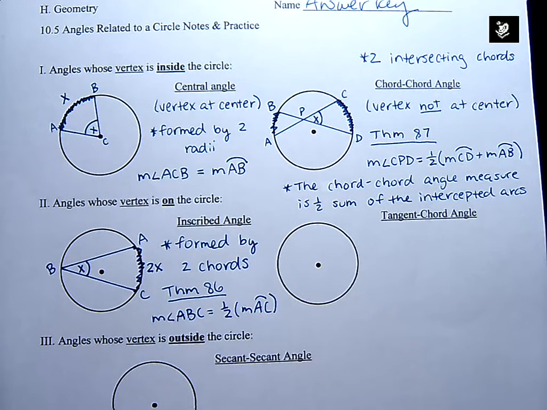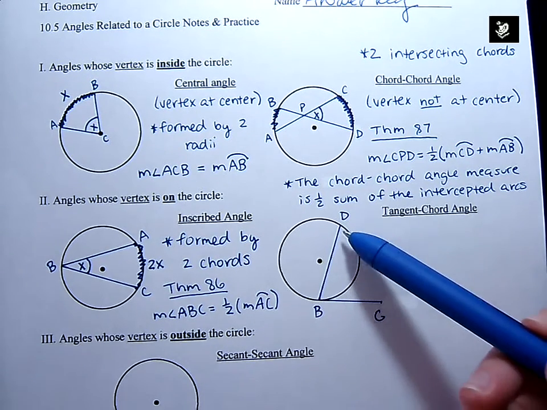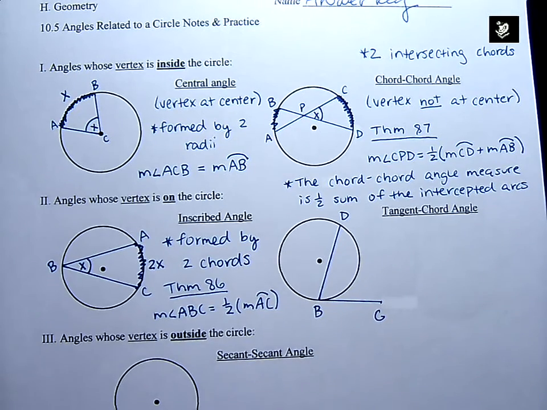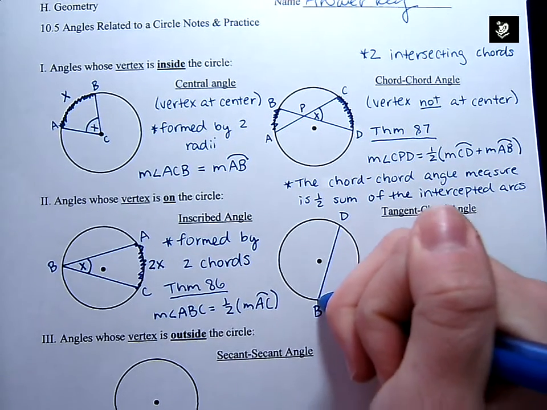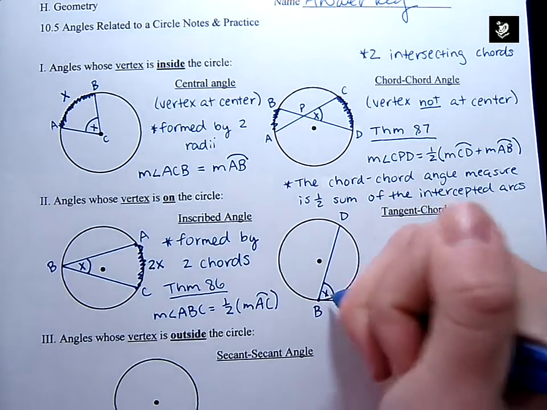Another type of angle whose vertex is on the circle is a tangent chord angle. So remember, a tangent touches a circle in one point. So I'm going to draw that angle for you. So we've got chord DB and tangent BG, and the angle formed by them, here's the vertex on the circle. Here's my X, which is my angle.